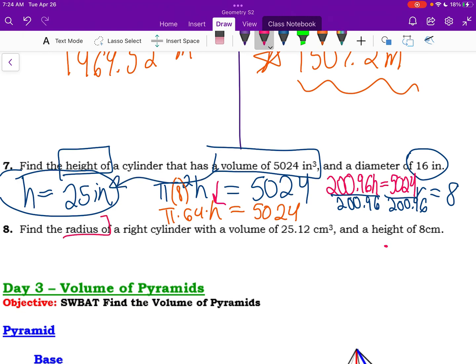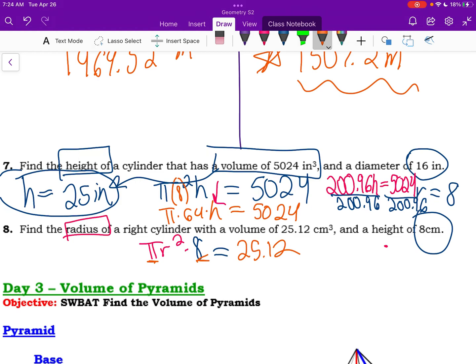Perfect. Now I'm going to find the radius. Okay, this is going to be a little bit trickier because I have to square root, but we got this. So pi times r squared times, what do I got? I got 8, and that equals 25.12. So I'm going to times pi and 8, and then move it to the other side.